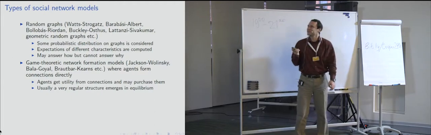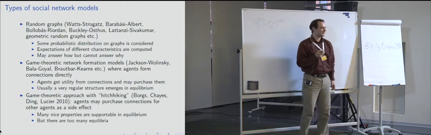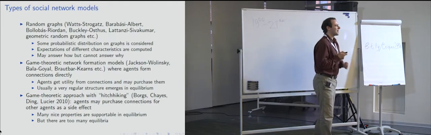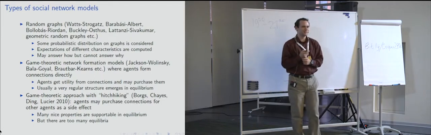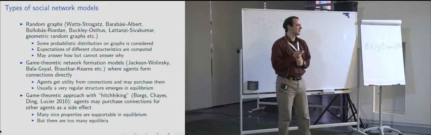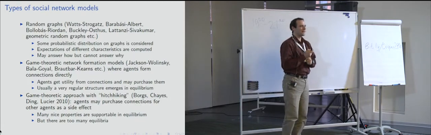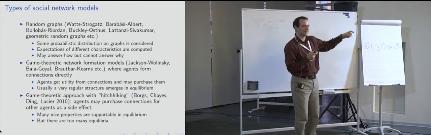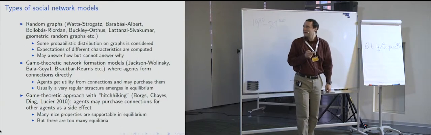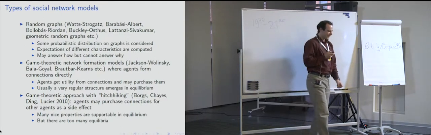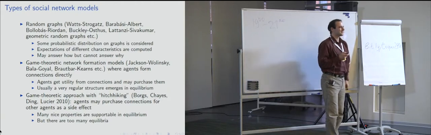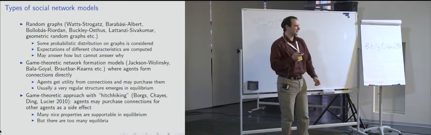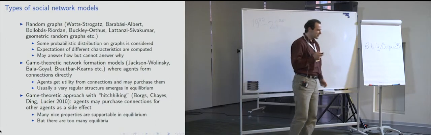Okay, and now we turn to the Hitchhiker approach. It is also game theoretic, but here a connection may be purchased indirectly. So in some sense, one agent may purchase a connection between a second and a third agent. Here many nice properties may be obtained in equilibrium, and this is an advantage.